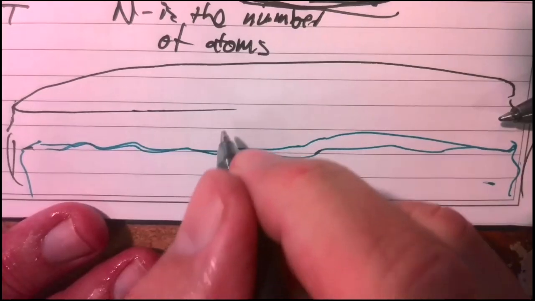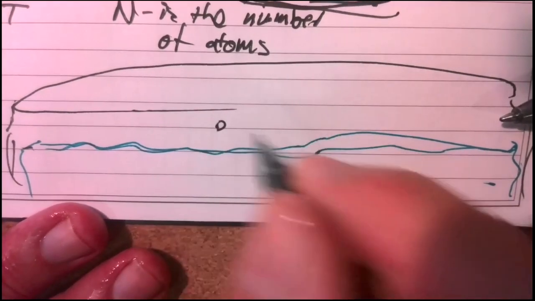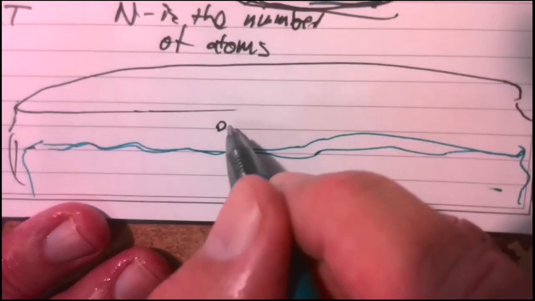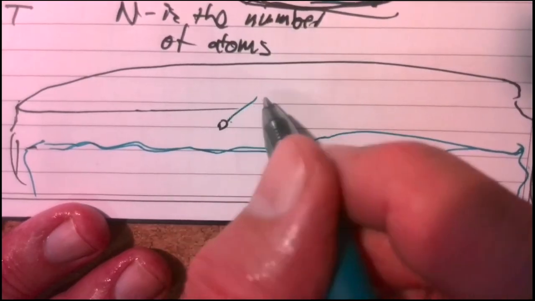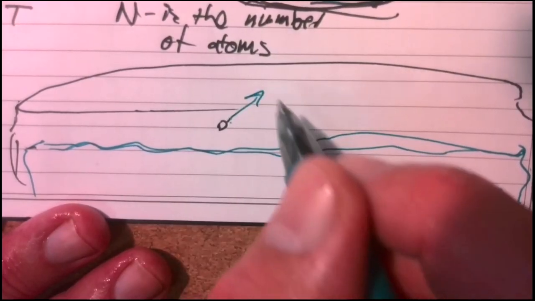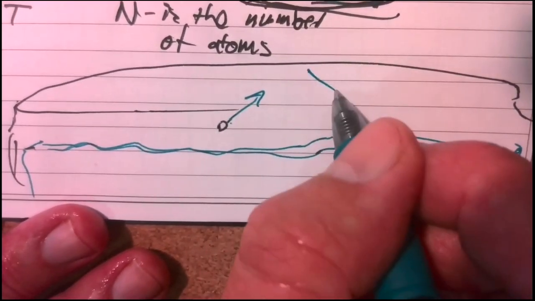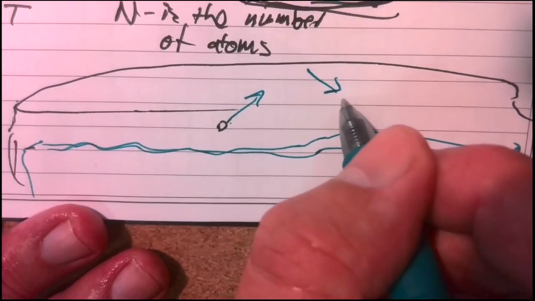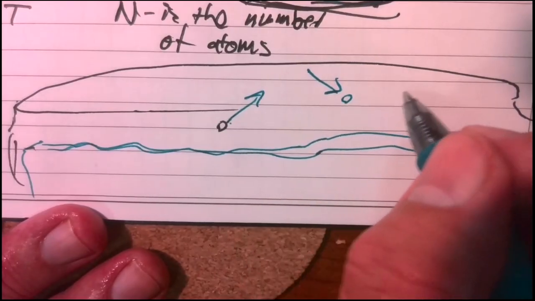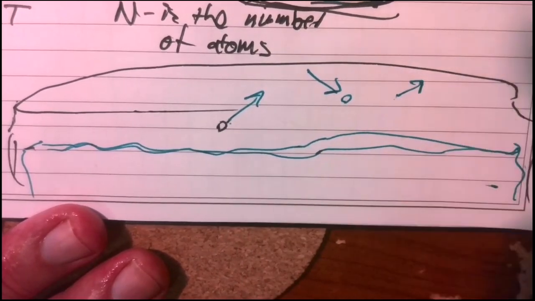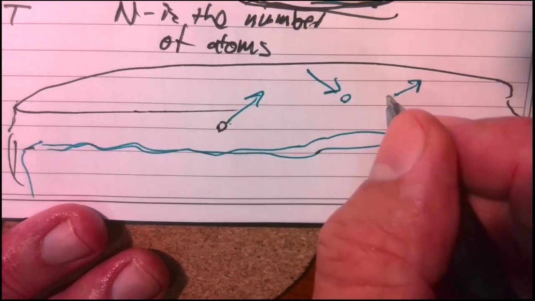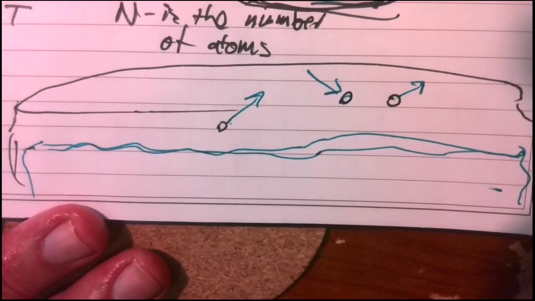Well, let's imagine we have one Pepsi molecule. Before the sun starts shining, this thing is flying around. It's got some kinetic energy, and it's going to bounce off the walls. It's not gonna do anything. It's not gonna spray boiling Pepsi on your car.